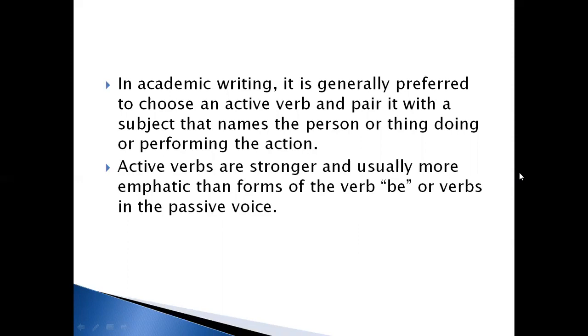When you write an essay or a research paper, it is mostly preferred that active verbs are used. Active verbs are stronger and usually more emphatic than forms of the verb be or verbs in the passive voice. So, in academic writing, the preferred voice is active voice.